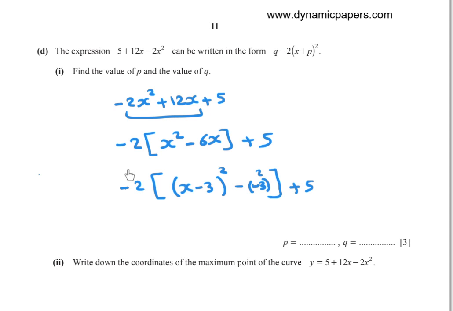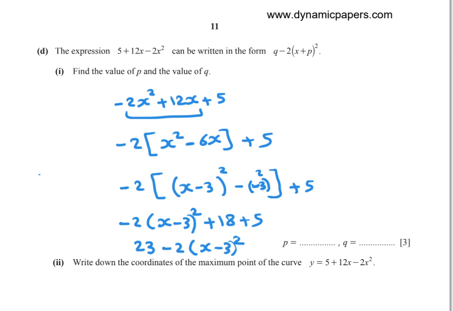Now expand negative 2 times the bracket, so negative 2 into (x minus 3) squared, and negative 2 times negative 9, so positive 18, plus 5, so 18 plus 5, 23. So you can write 23 first, then minus 2 times (x minus 3) all squared.